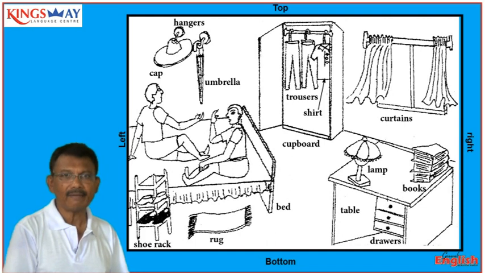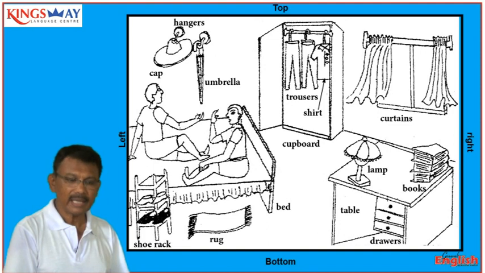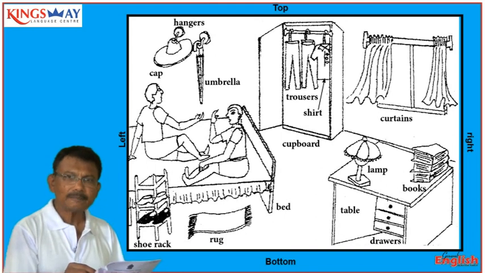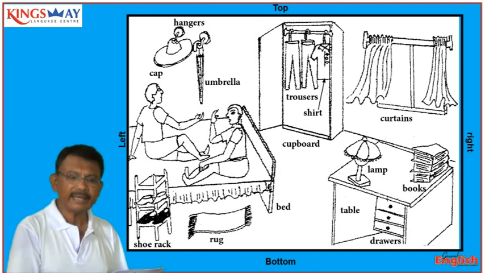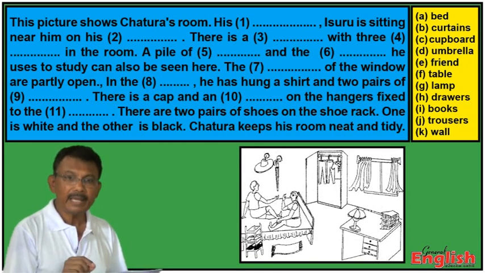Okay. Now that you have studied the picture, it is very easy for you to fill the gaps in the paragraph. Let's read the paragraph, and before that I think we'd better read the words. The words I have just mentioned in the picture. They are not numbered, they are written with the letters. A, bed. B, curtains.